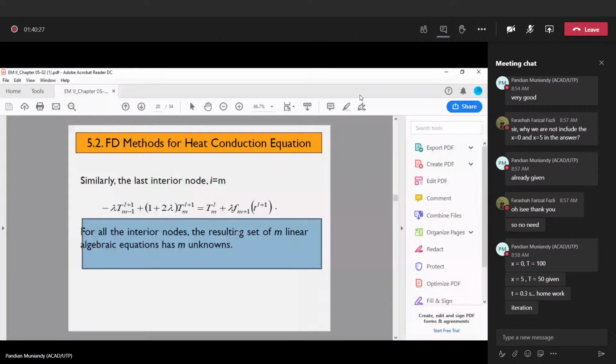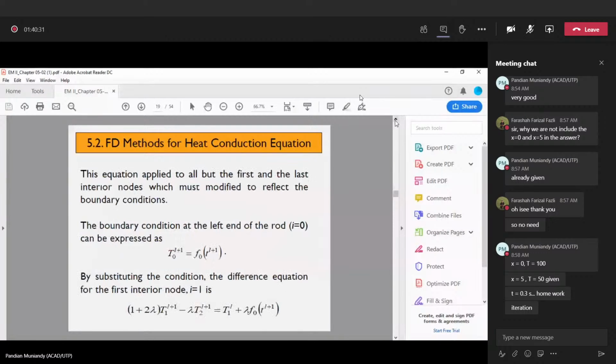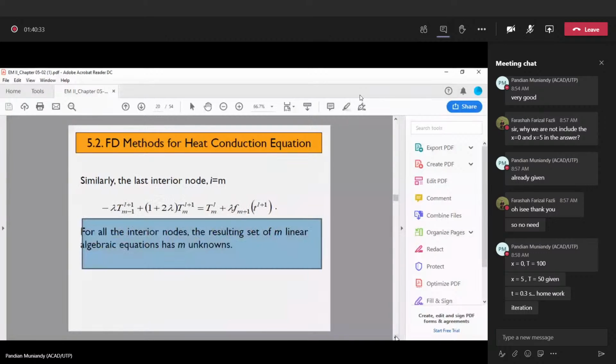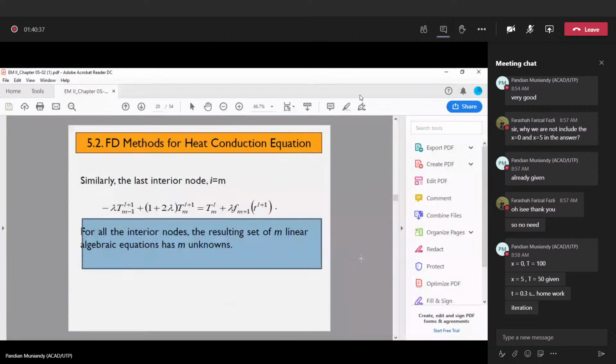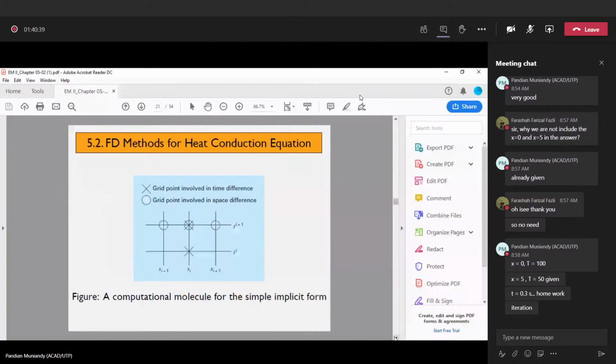So using this equation, I equals to M, you create M linear equations. We will use this equation later. Now you see the background of this study. All this is about space and time.